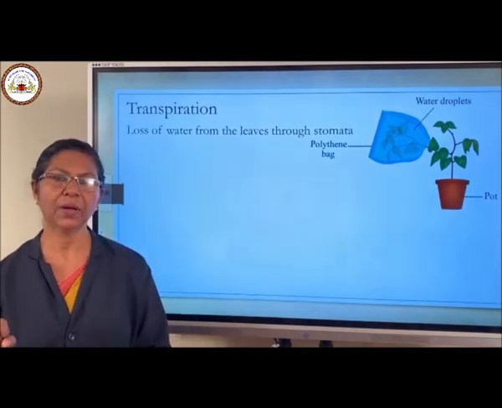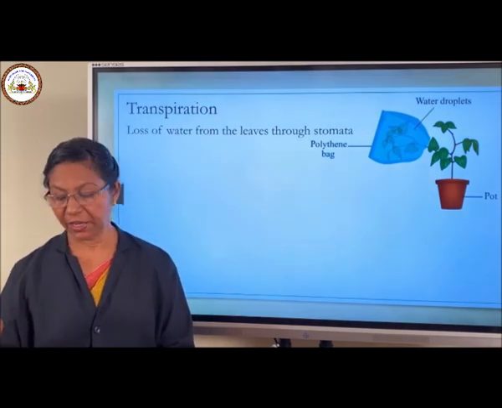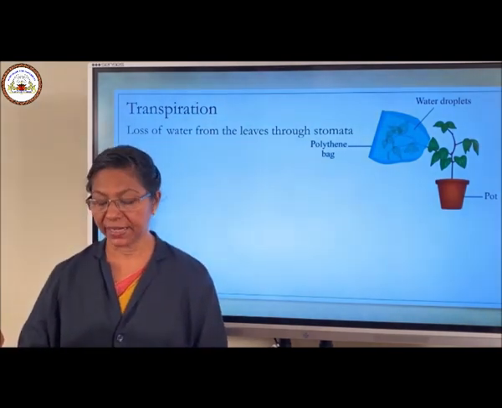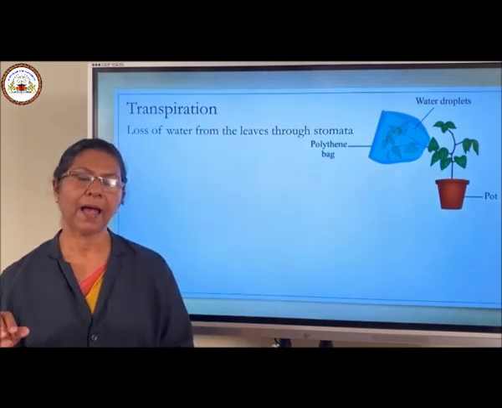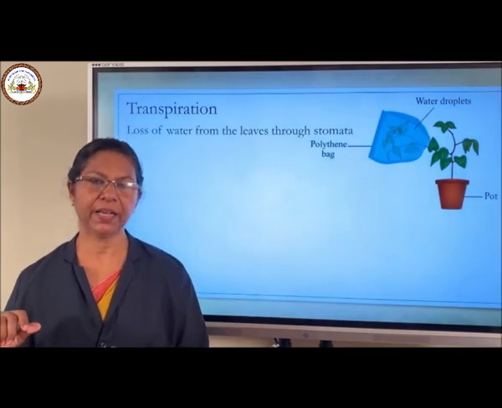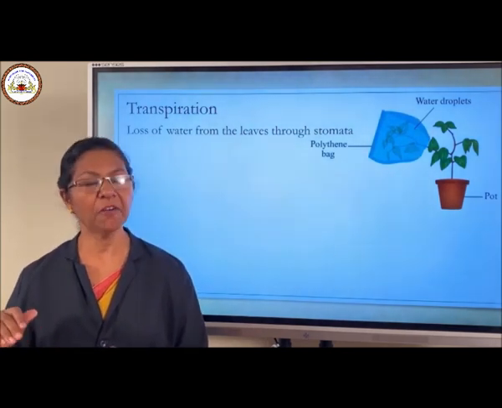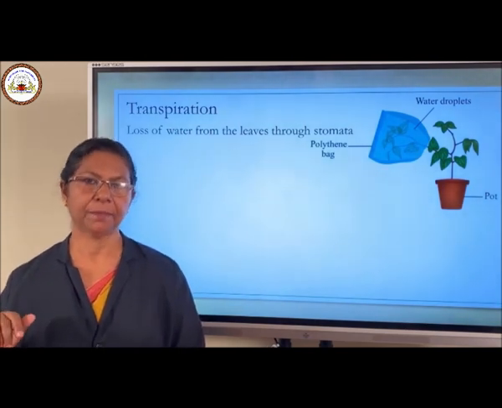Now we can do an activity to show the presence of starch in a leaf. Take a leaf and put it in a test tube containing spirit or alcohol. This test tube we have to keep in a beaker which is half filled with water, and then boil the beaker.